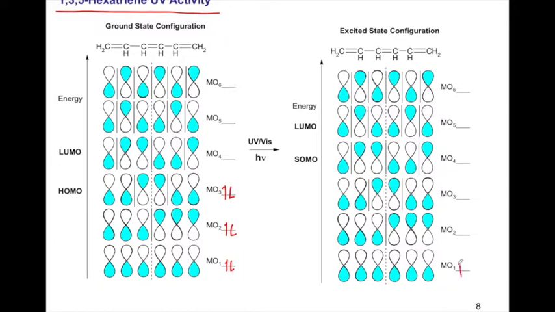So now our excited state will be the following: 2, 4, 6. Now, instead of having a highest occupied molecular orbital here and a lowest unoccupied molecular orbital here, we have our singly occupied molecular orbital, our SOMO, and then a lowest unoccupied molecular orbital there. That's what happens when the ultraviolet and visible light hits a molecule like this. It promotes an electron up a level.